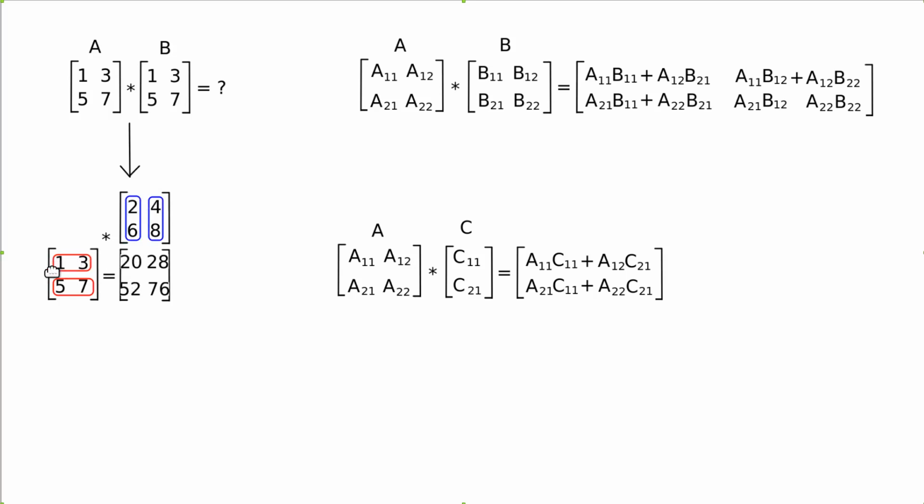So you do 1 times 2 plus 3 times 6. So 2 plus 18 is 20. And then this element is 1 times 4 plus 3 times 8. This element here is this row times this column, 5 times 2 plus 7 times 6. This final element is 5 times 4 plus 7 times 8.